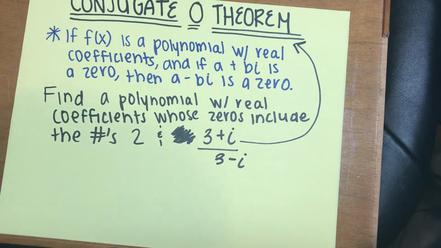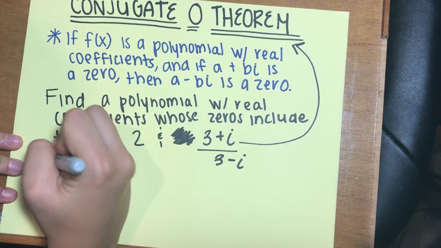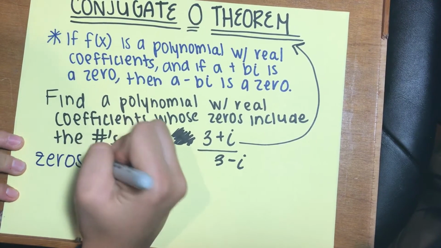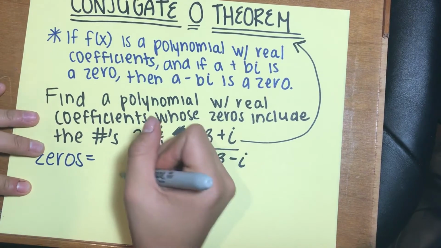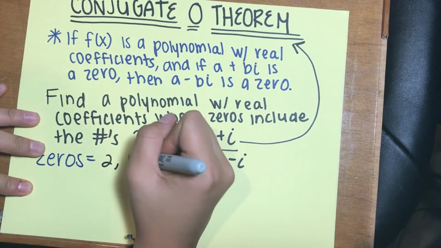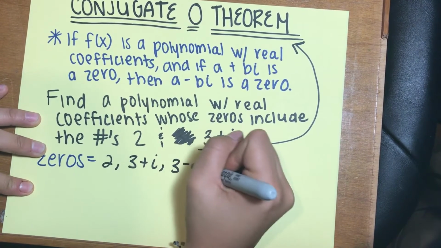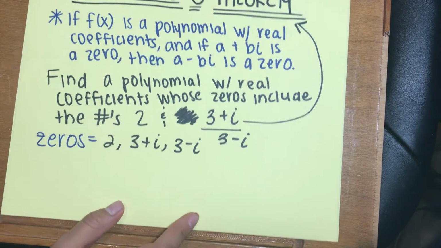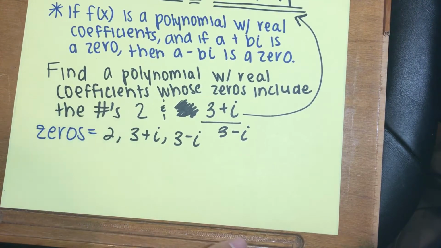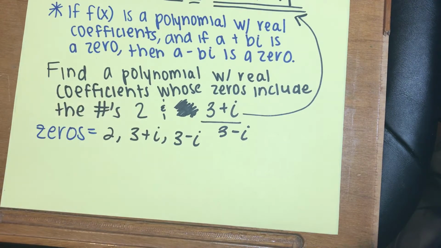So in this case, we can establish our zeros as 2, 3 plus i, and 3 minus i. So by doing this, we will start with plugging in our equation in factor form.